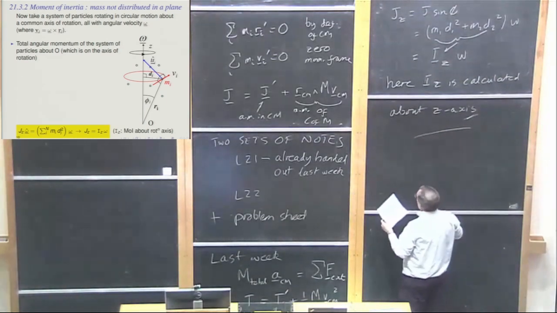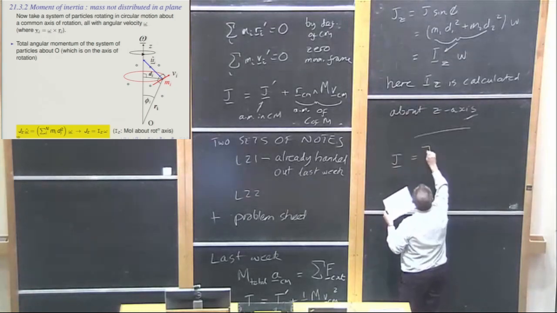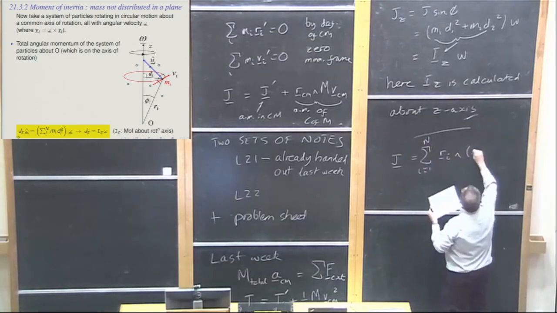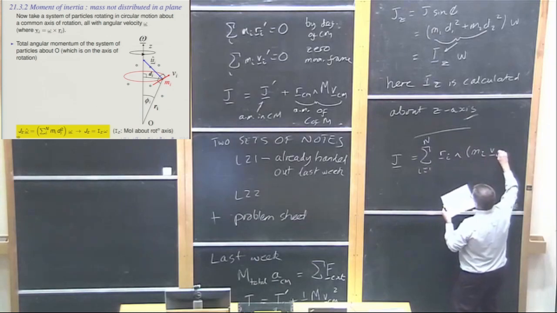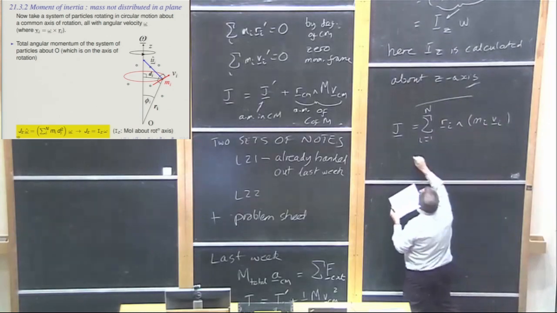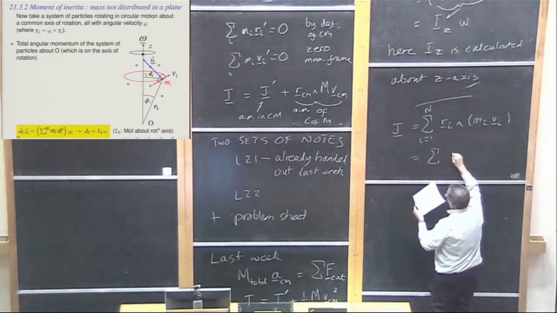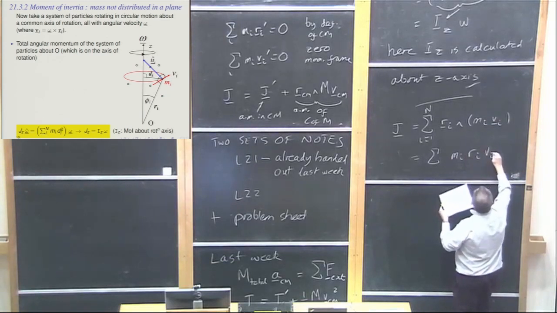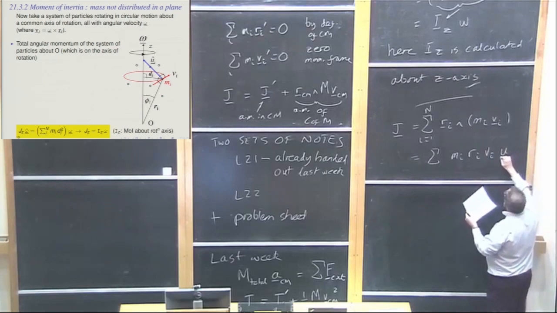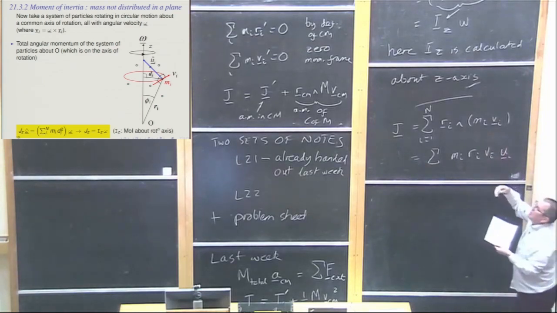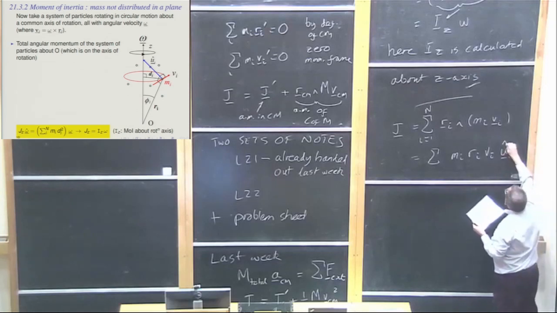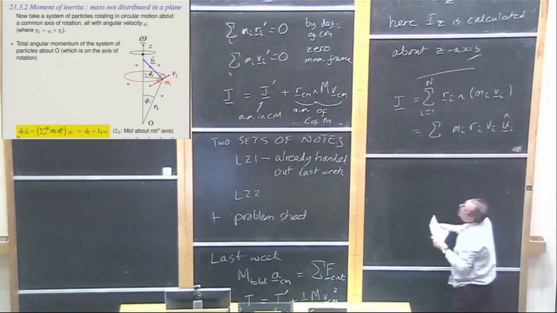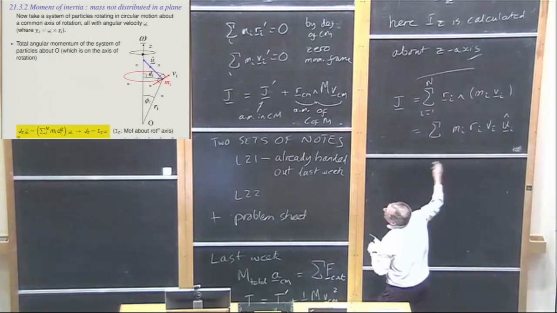So then J will be the sum over all the particles of Ri cross Mi Vi, which is going to be the sum over Mi Ri Vi, and the angular momentum contribution associated with each particle will have a unit vector associated with it, which is the one at right angles to Ri and Vi, which I designate Ui hat.